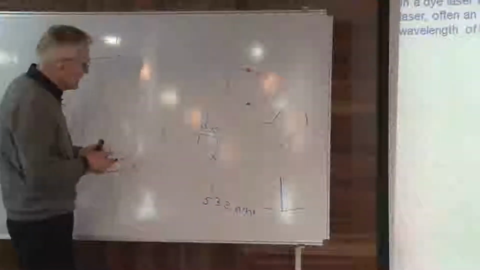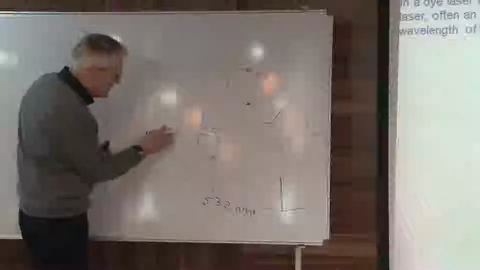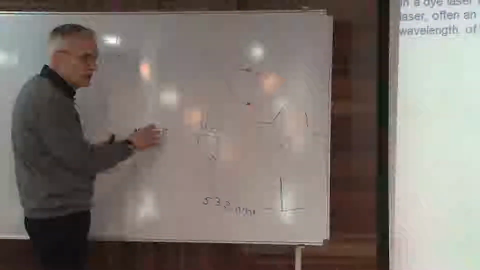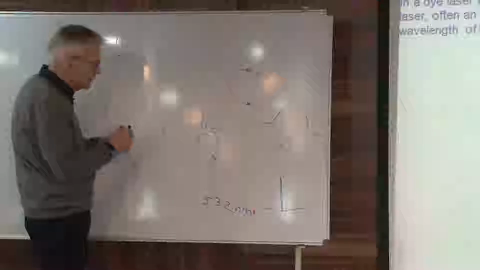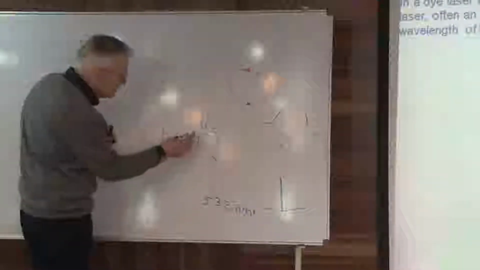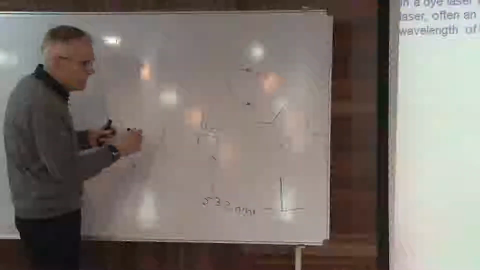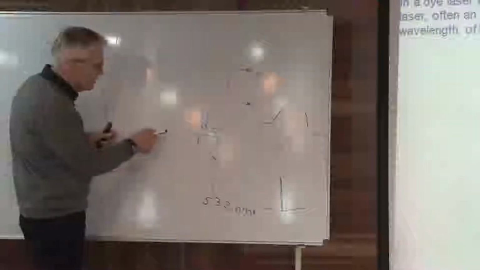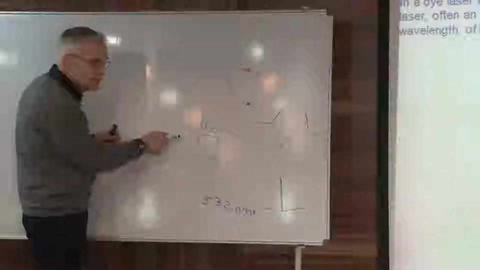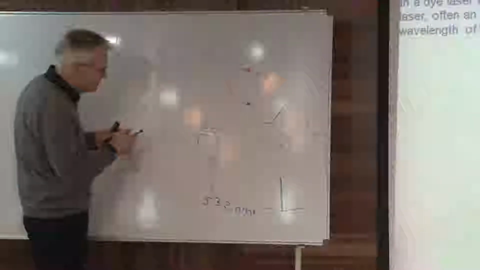But what would now happen if we here put, instead of a mirror, something that only reflects a certain wavelength?